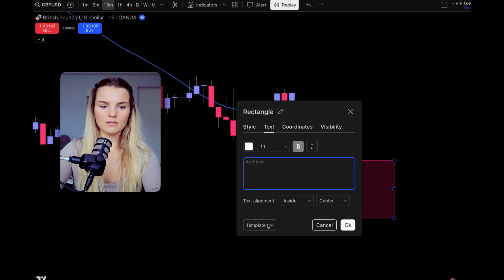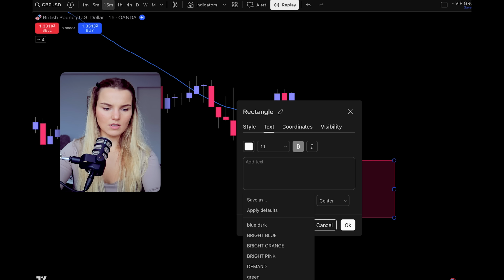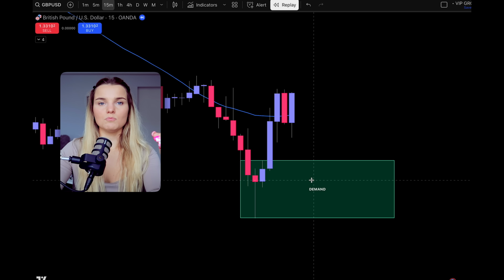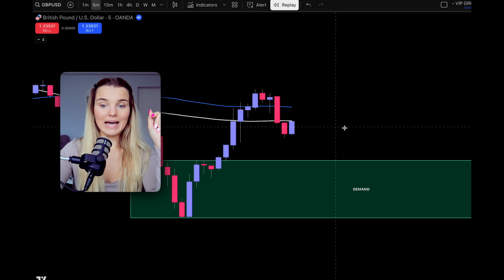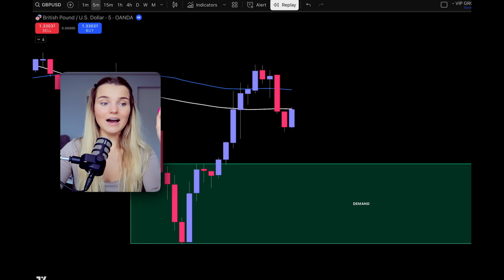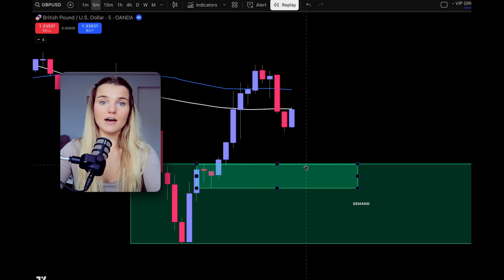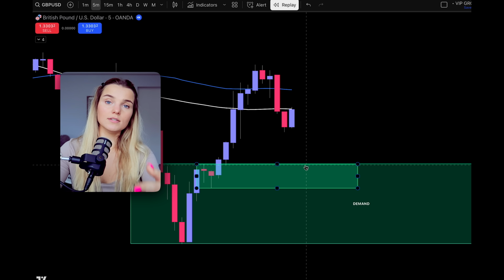We're going to call it the big brother because it's on a 15-minute time frame. Now, if I go to the 5-minute time frame, I can already see another demand zone, just around here, and this is the 5-minute demand zone, and we're going to call it the small brother.